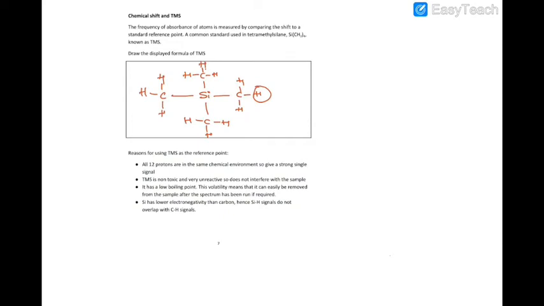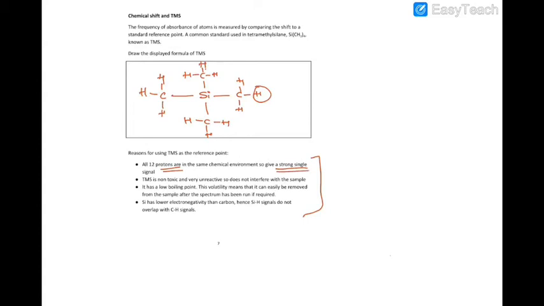Now, TMS, tetramethylsilane, is used as a reference point in low resolution NMR and high resolution H NMR as well, and it's used because of the following reasons. You have to know these reasons. You have 12 protons that are in the same chemical environment, therefore it gives you a single strong peak.